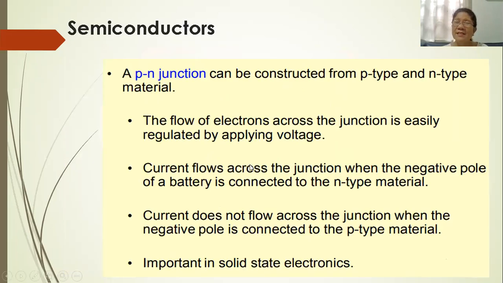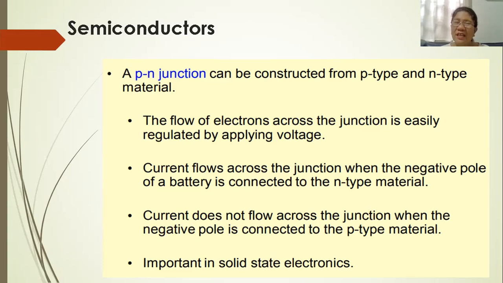Let's have the junction. What do you mean by junction? It is something in between. A P-N junction can be constructed from P-type and N-type. The flow of electrons across the junction is easily regulated by applying voltage. So this is very important. Even in our houses, we have junction boxes.